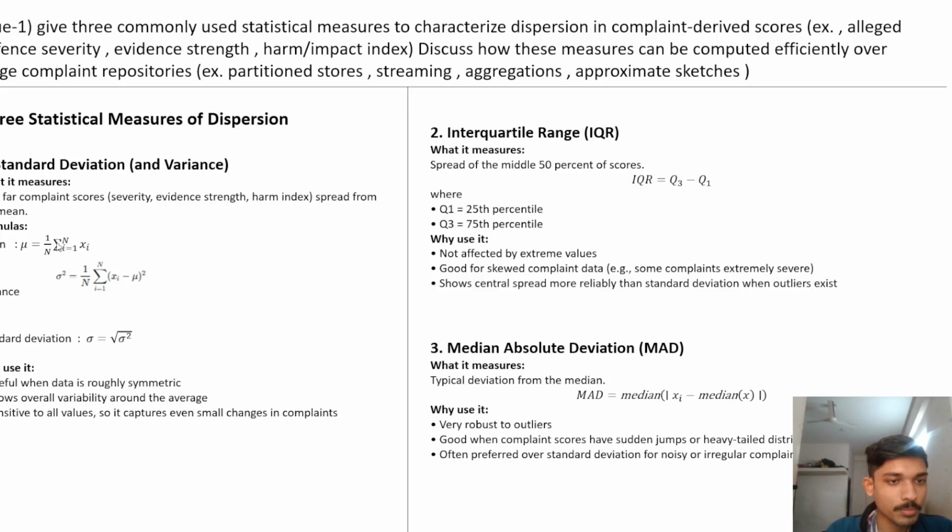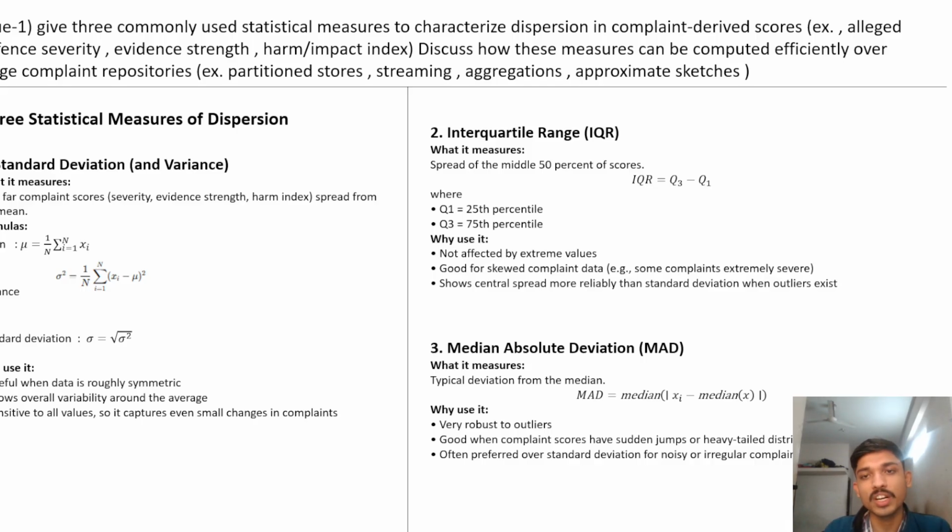We all know the mean is the sum of all the values divided by the number of values, and the variance is calculated as the sum of squared differences from the mean divided by the number of values in the data set, and the standard deviation is the square root of the variance. Why do we use standard deviation? Because it is useful when data is roughly symmetric. It also shows overall variability around the average, and it is sensitive to all values, so it captures even small changes in complaints.